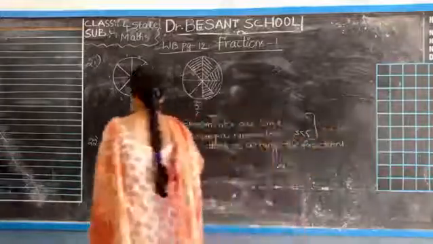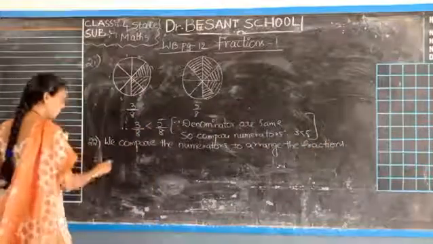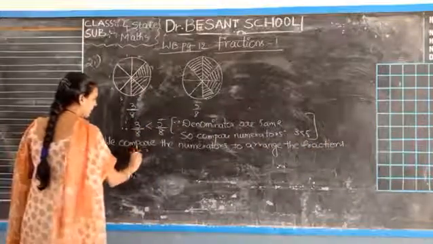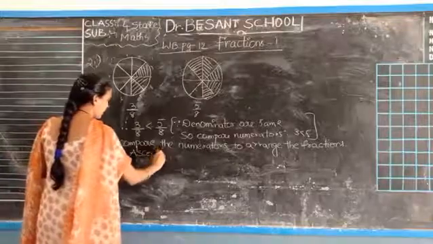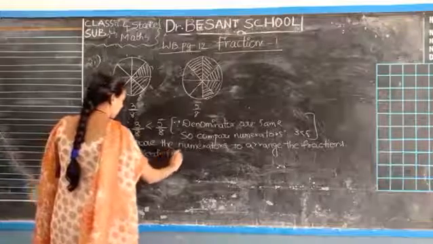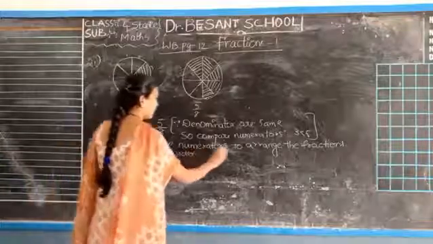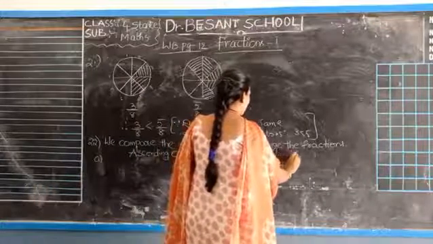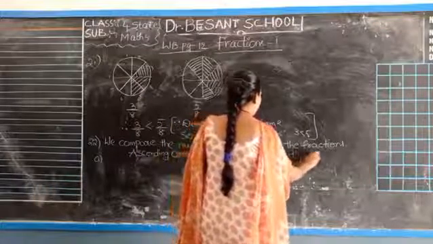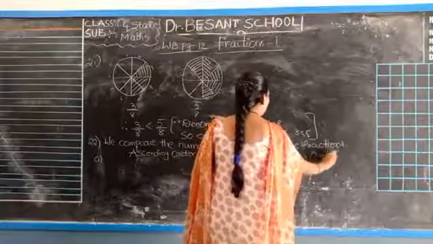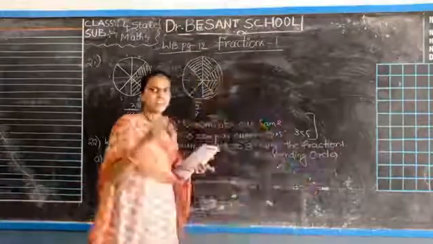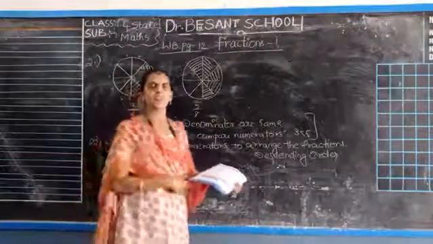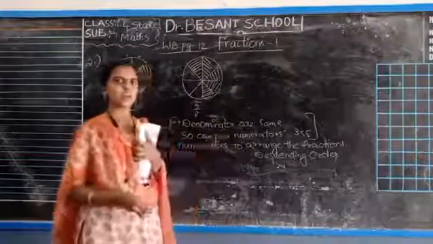Next, in that first set, one side I will arrange in ascending order, other side descending order. Write like this only, ascending order, other side descending order.